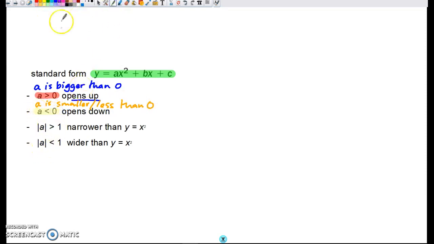And finally, the last two ones, if it's close to 0, it's going to be wide. If it's far from 0, it's going to be narrow.